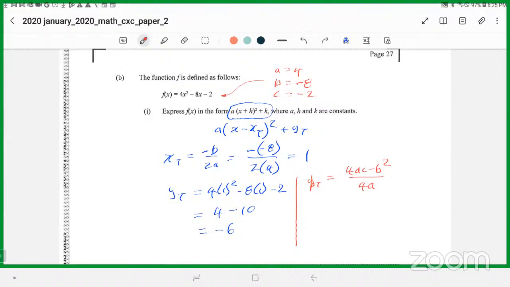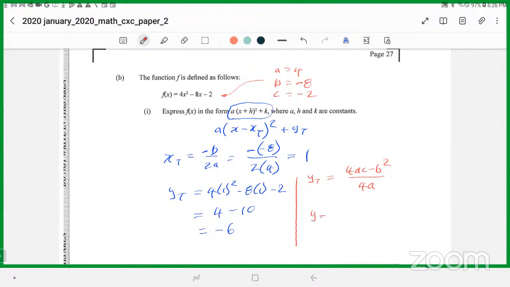Some people give a modification to say k equals c minus b squared over 4a. It's the same thing, because if you divide this by the 4a, then we're left with this c right there. So some teachers give this one. I'm just giving you all these variations. Anyway, let's go to our method, which is yt.